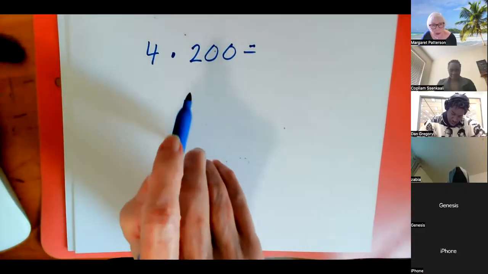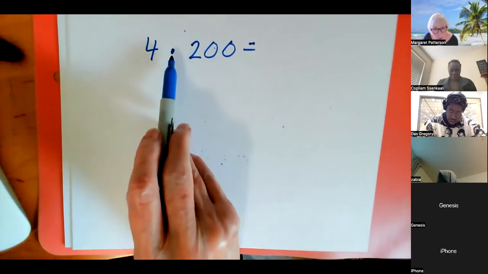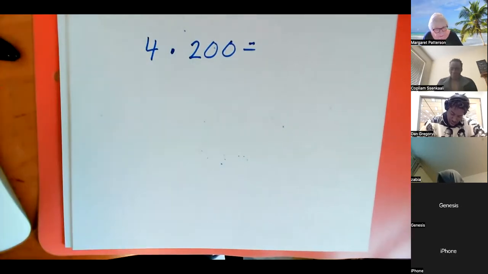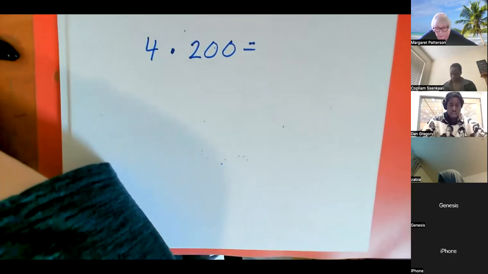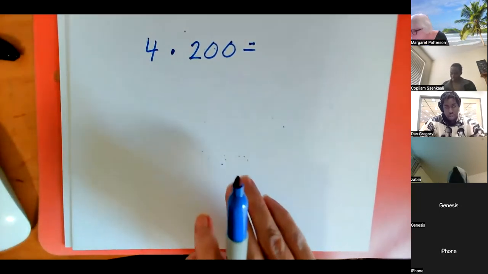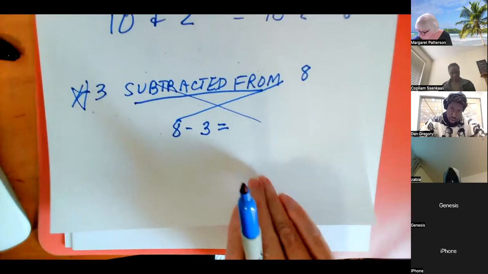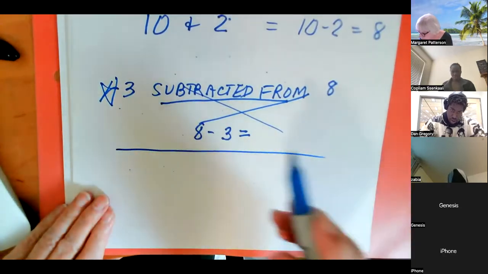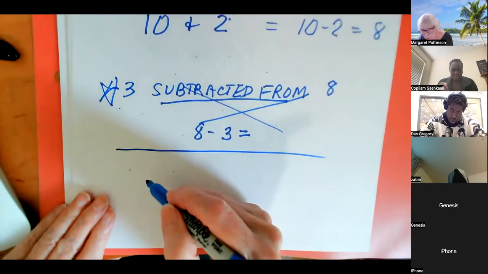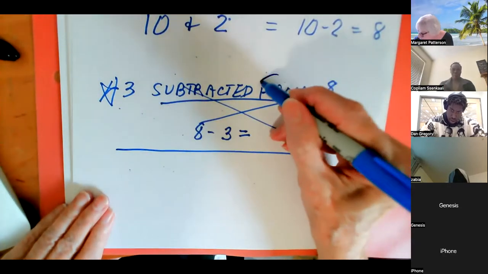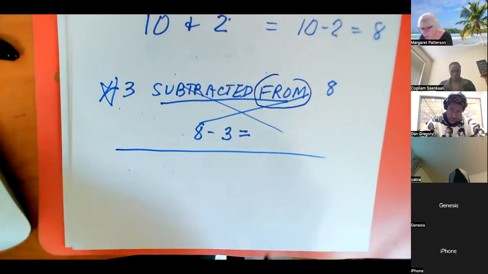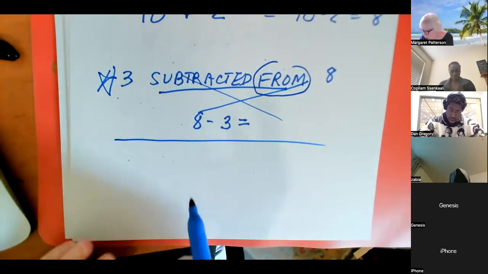In this particular case, when it's multiply, I have a question, go ahead. On subtraction, if it is subtract 3, subtract 8, when there is no word from, then it's the normal order.